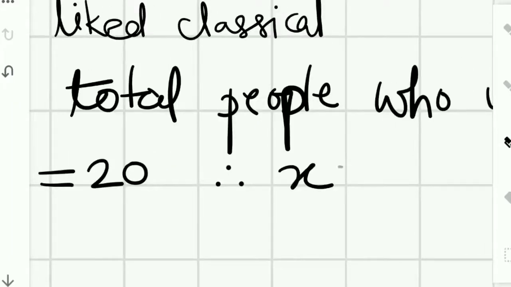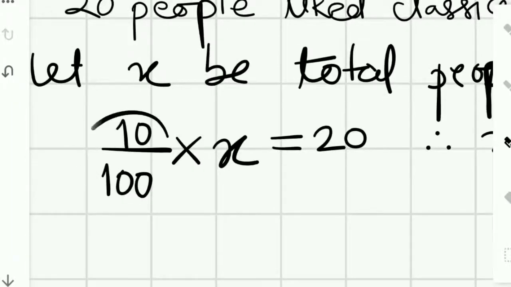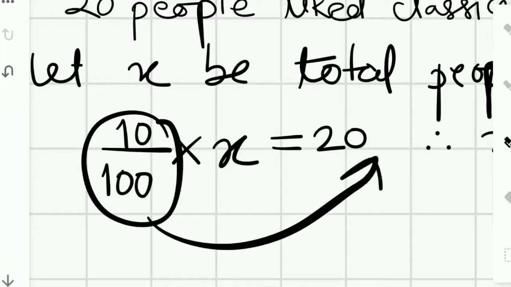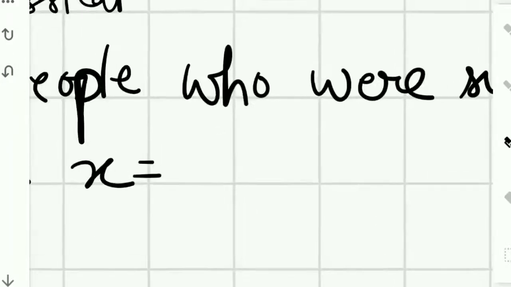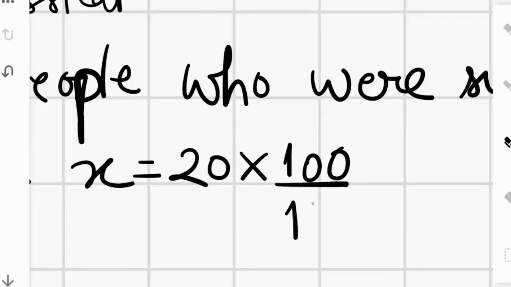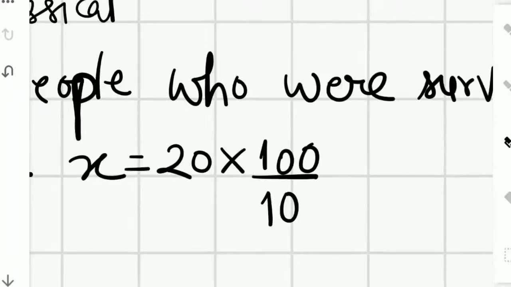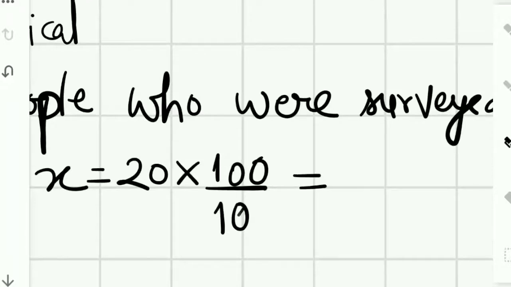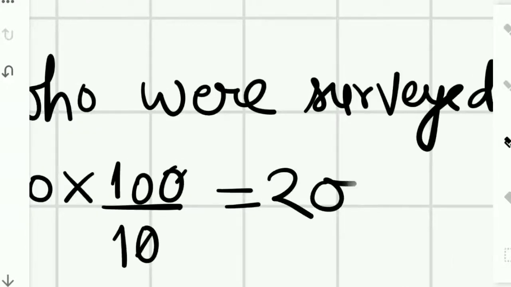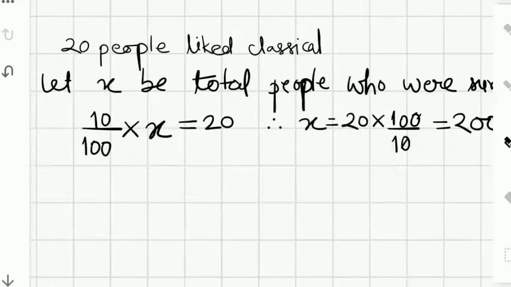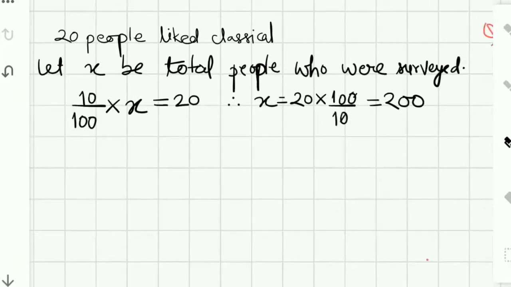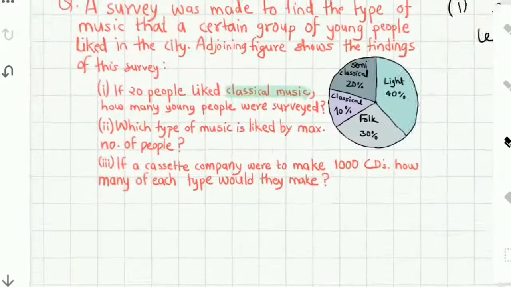Therefore, X is equal to, this fraction will go on the right hand side but in reciprocal form. So X equal to 20 into 100 divided by 10, which is equal to 200. If 20 people liked classical music, then 200 people were surveyed. Very easy.